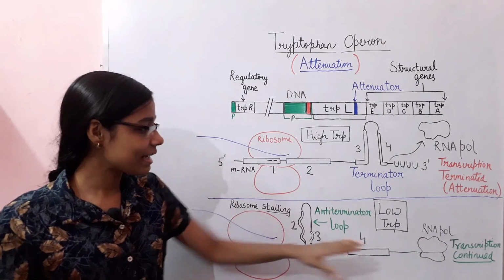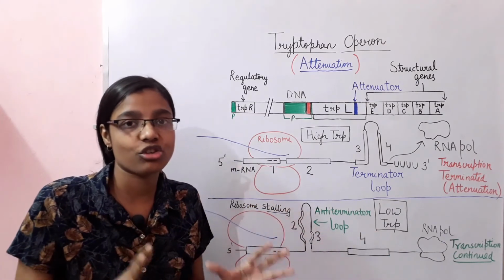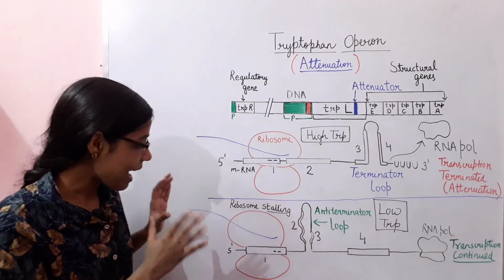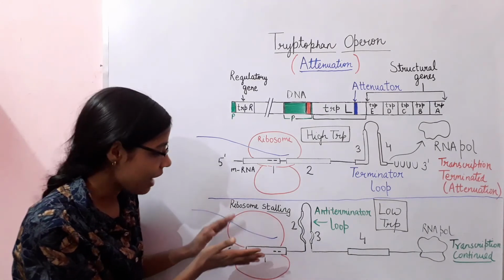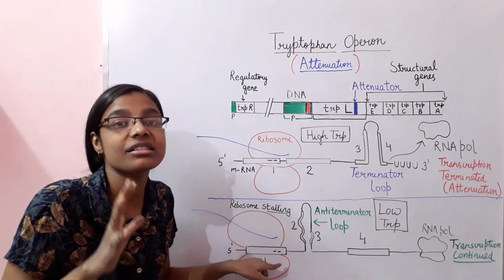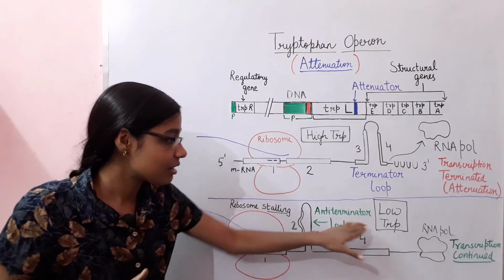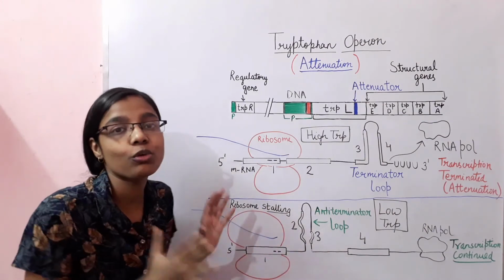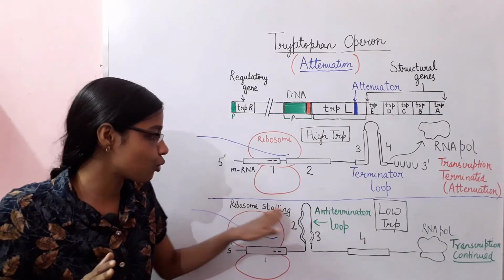However, coming to the second case, which is low tryptophan concentration. When there is a low concentration of tryptophan within the cell, what will happen in such a case? As the ribosome starts reading the codons of the mRNA and comes close to the 10th and the 11th codon, there is a need of tryptophan, but as its concentration is very low, the ribosome has to wait for some time here, and that is called ribosome stalling.